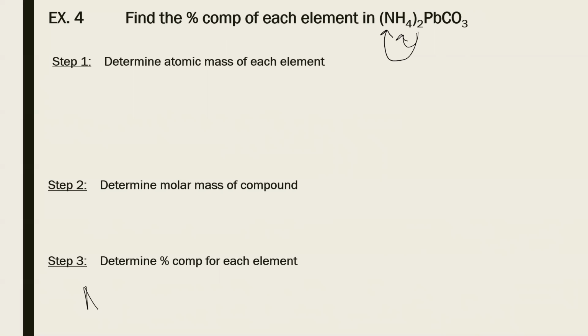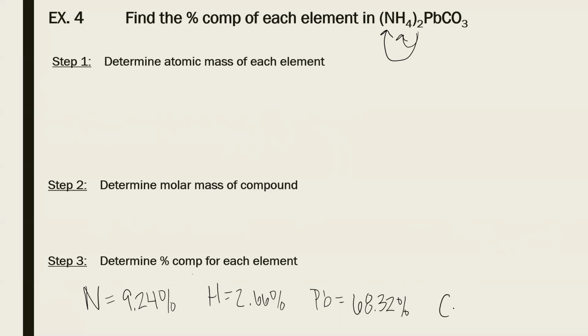See if you get N is about 9.24%, H 2.66, Pb 68.32, carbon 3.96, and oxygen 15.82.